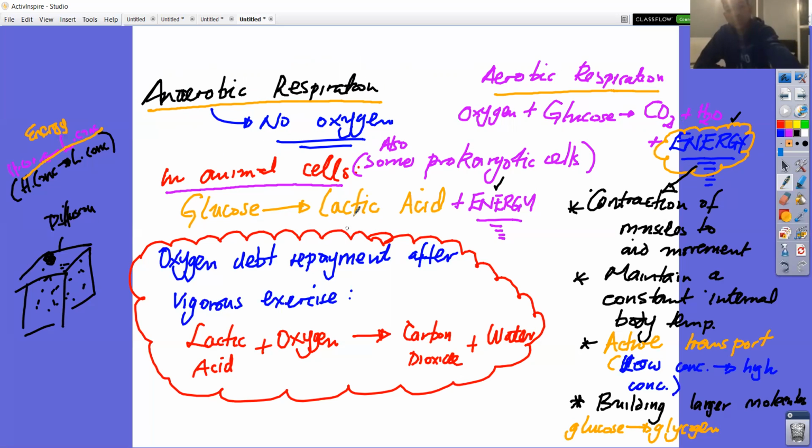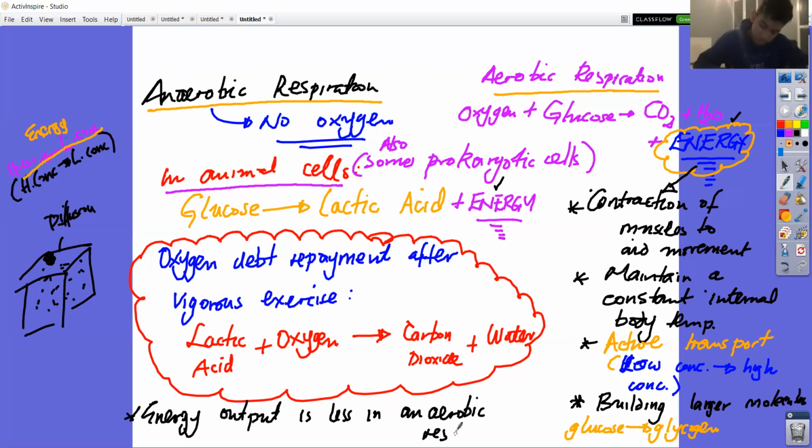That is the reason for the oxygen debt repayment. So we can also make a point here to note that energy output is less in anaerobic respiration.